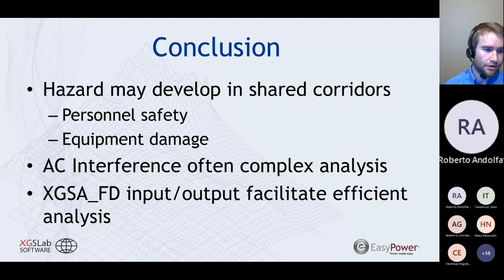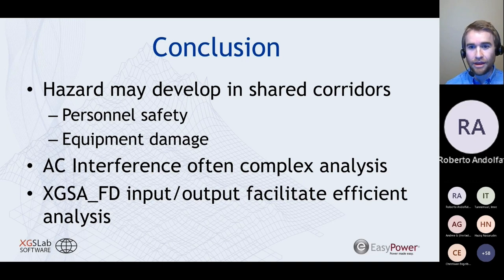So really, in conclusion of this type of study, AC interference is, as pointed out, a case where the way that you create your model depends on the inputs that you're given: what that plant profile may look like and what the pipeline information is. You have to customize each model according to that specific scenario.